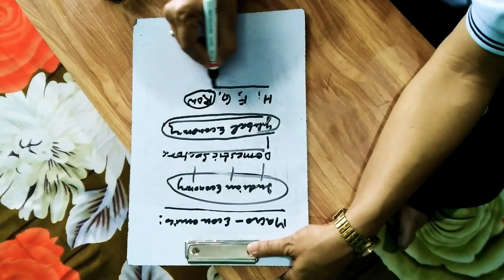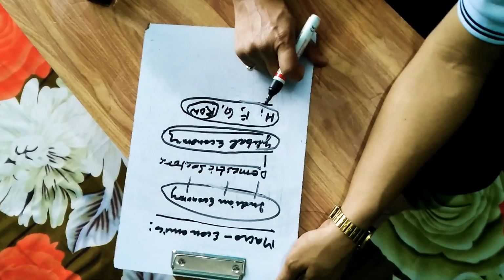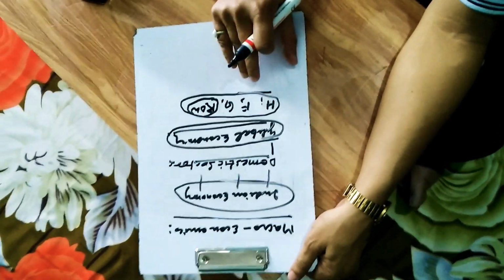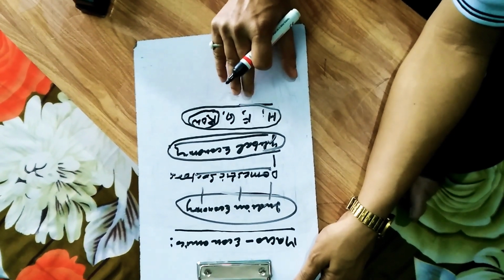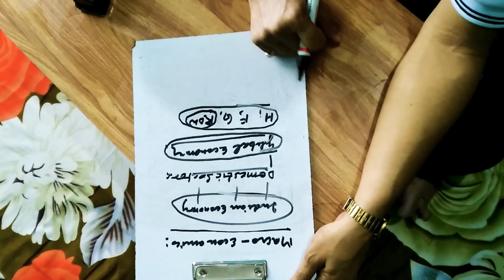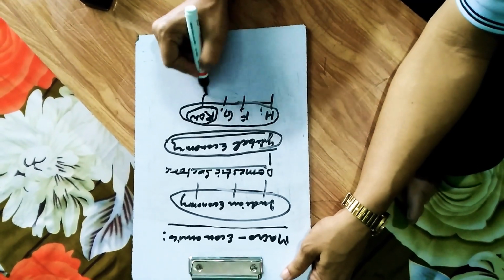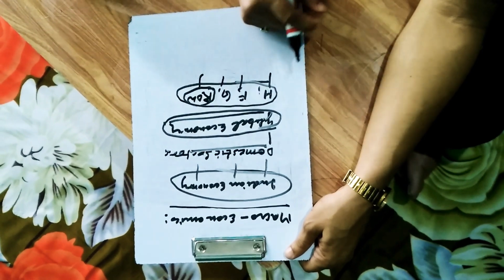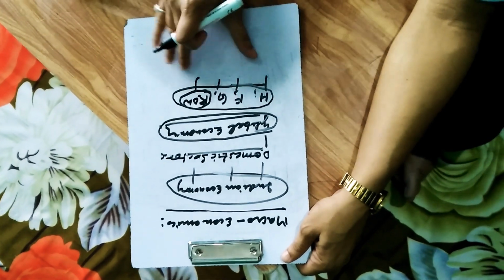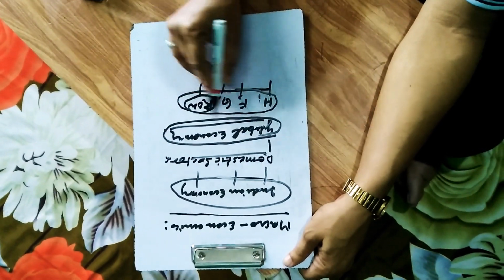These are the four sectors of economy that we will study in macroeconomics. Now, how are these four sectors related? In order to understand this, what we have to study is their role in an economy.